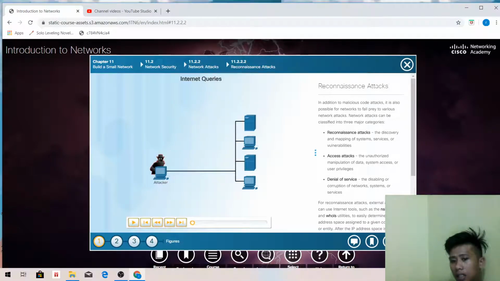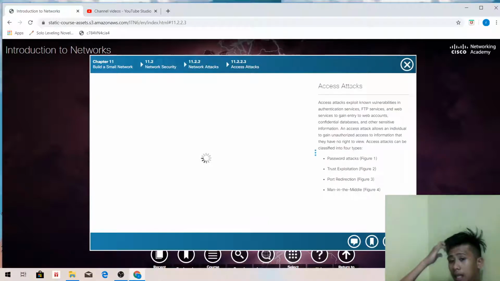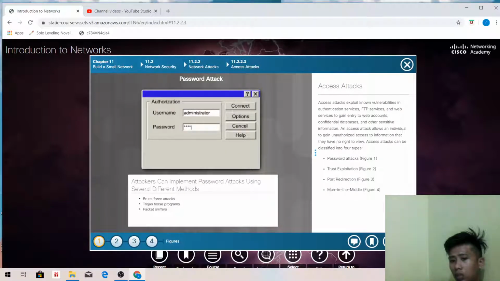Reconnaissance attacks, access attacks, denial of services, access attacks. It exploits known vulnerabilities in authentication services, and it is Trojan horse programs, packet sniffing, or the brute force attacks.